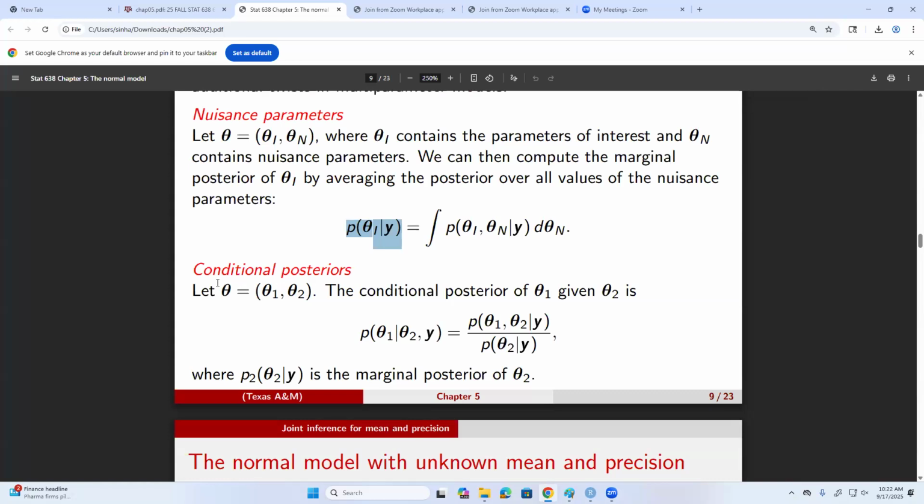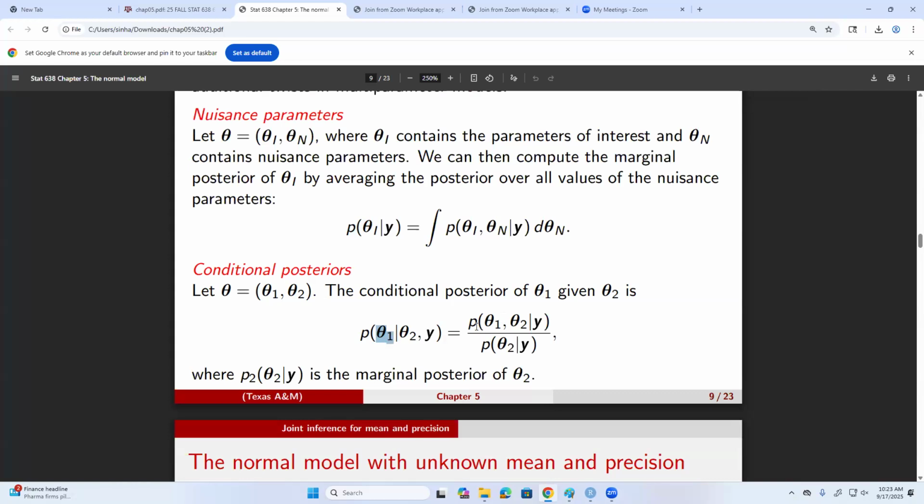Another concept is conditional posterior. So let theta have two components, theta 1 and theta 2. Then the conditional posterior of theta 1 given theta 2 means I'm interested in the distribution of theta 1 given theta 2 and data.